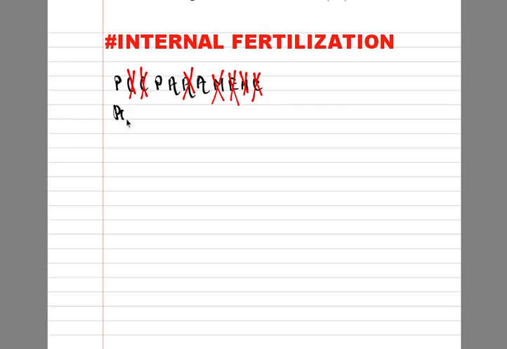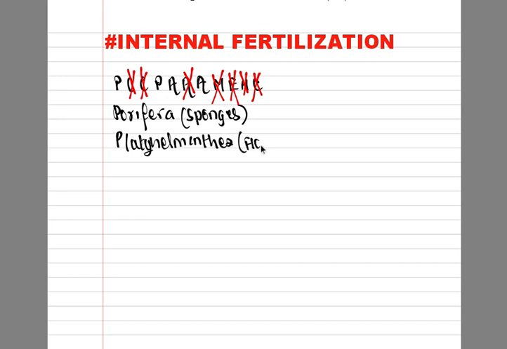Porifera. Porifera has pores inside the body, they are also called sponges. P for platyhelminthes. Flatworm. They are plate shaped, so you can say it is flatworm. A for aschelminthes.